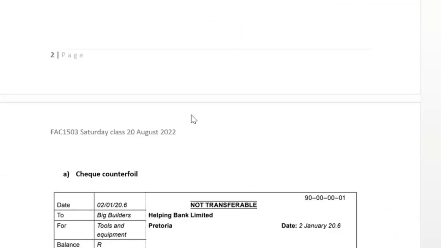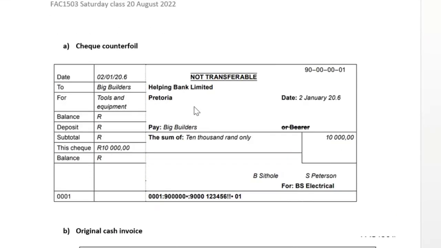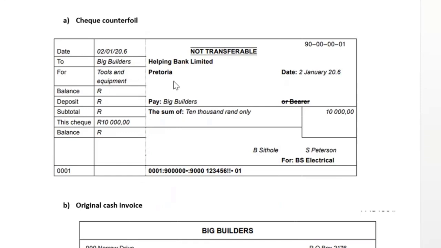So the source documents, yes, I can see people said, you're right, is a check counterfoil. So we as BS Electrical paid Big Builders 10,000.